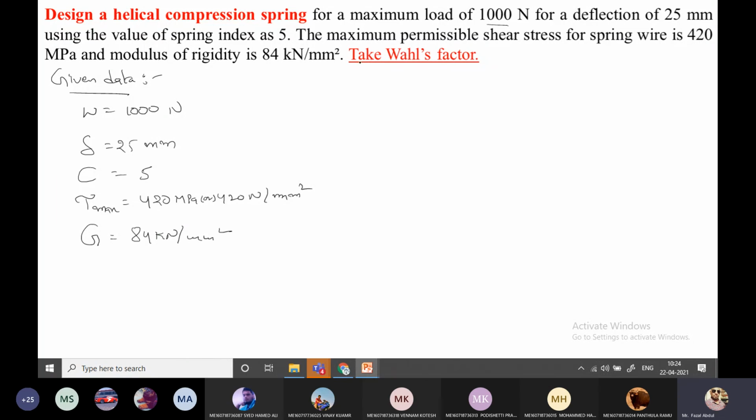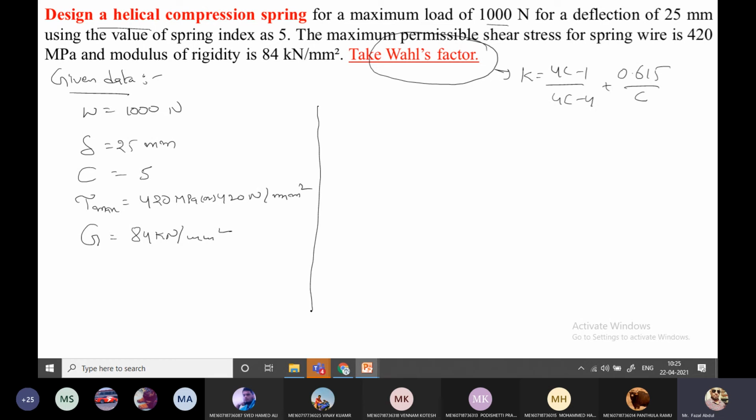Here the question itself is specifically mentioning to consider the Wahl's factor, meaning considering the curvature effect. Focus on the question here. Consider the Wahl's factor. It means here we have to take the K value as (4c minus 1) by (4c minus 4) plus 0.615 by c. This K we have to consider for this problem. The question is asking to design the helical spring.